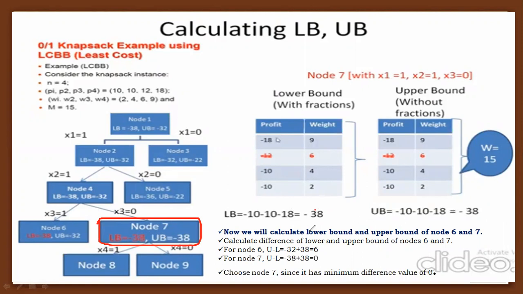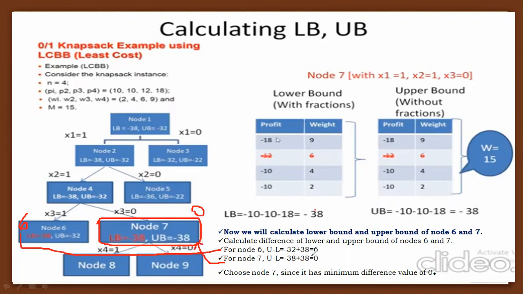Now we need to compare the lower and upper bound values of node 6 and node 7. For node 6, the difference is 6. For node 7, the difference between upper bound and lower bound is 0.